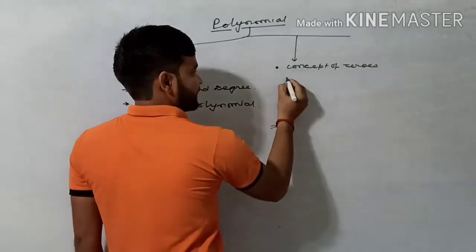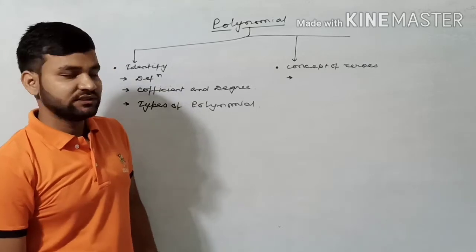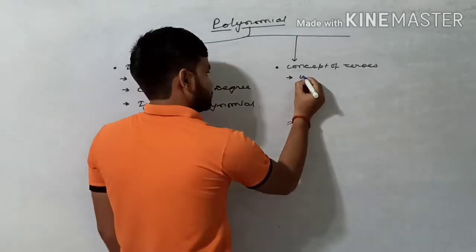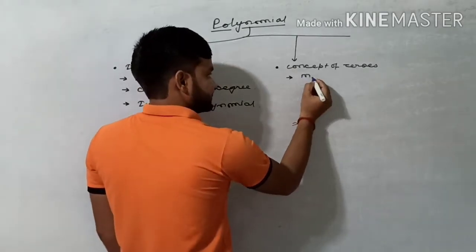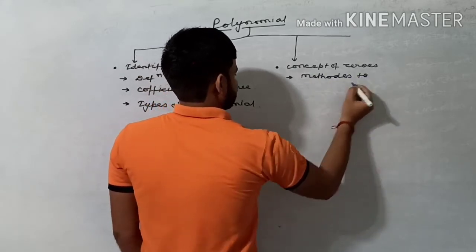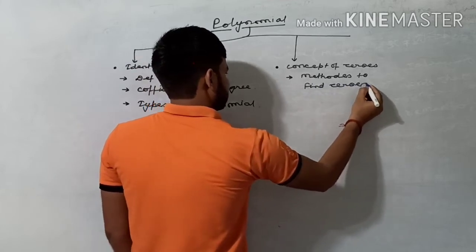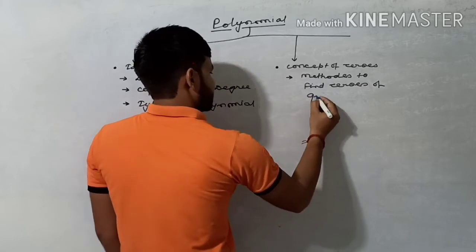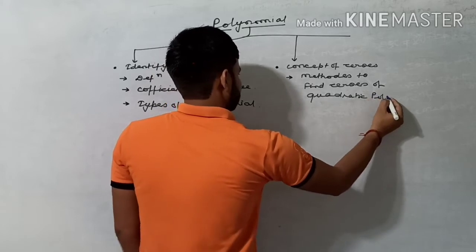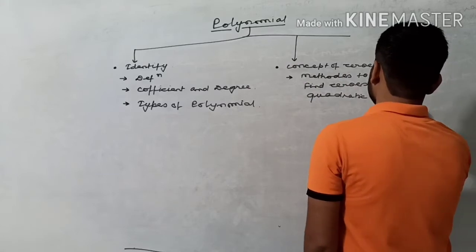In this topic we discuss how we find the zeros of the polynomial or quadratic polynomial, and the methods to find zeros of a quadratic polynomial.